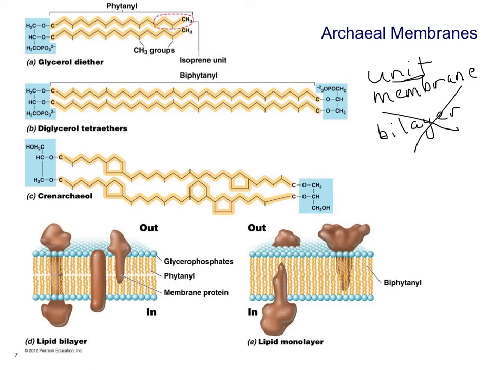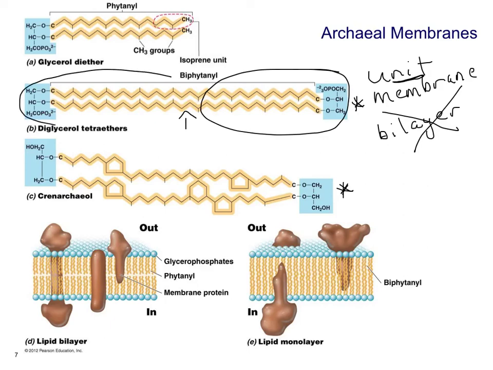It's a unit membrane, unit being one thing. And if we look here at this structure and this structure, you're looking at the kinds of phospholipids that make up a unit membrane. So rather than having separation at this point so that you have distinct phospholipids here and here, instead they are connected all the way through.